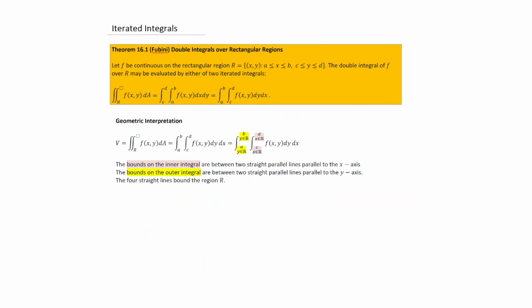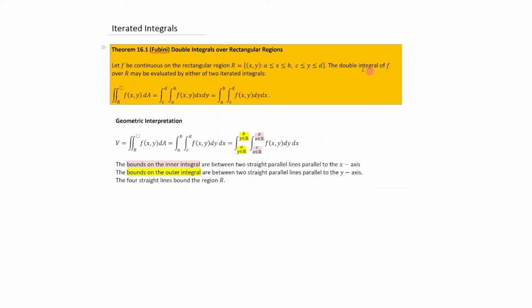All right, so now we get to our first theorem, which is Fubini's theorem for double integrals over rectangular regions. Certain conditions are, of course, imposed. We need to make sure f is continuous on the rectangular region. Because it's a rectangular region, x will have some lower and upper limit, which are constants. Similarly, y will have an upper and lower limit, which are constants.